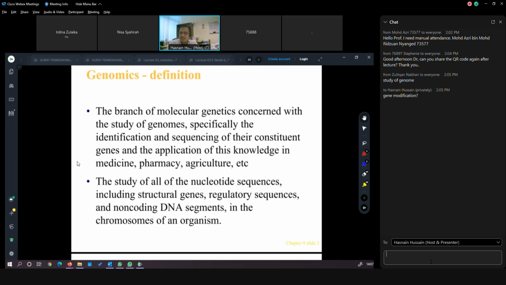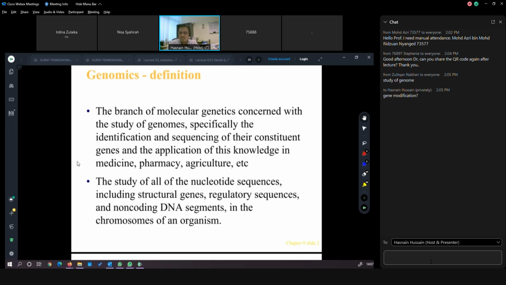Okay, so genomics, the definition: branch of molecular genetics concerned with the study of genome, specifically identification and sequencing of their constituent genes, and application of this knowledge in many areas, in medicine, pharmacy, in all scientific areas, as long as it involves an organism, then you can use the genomic information. Genomics can also be described as the study of all the nucleotide sequence in an organism.